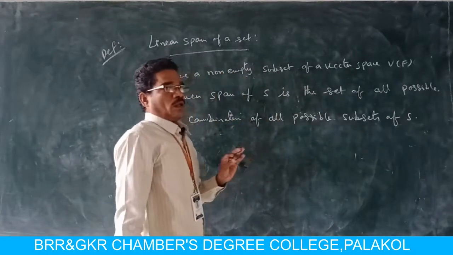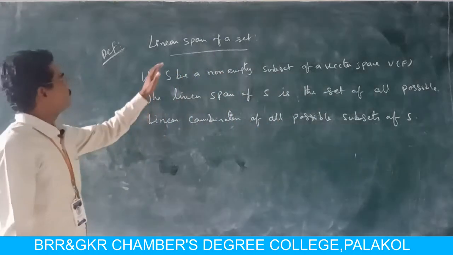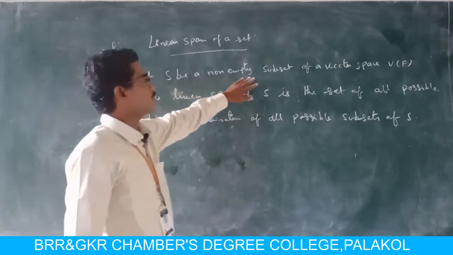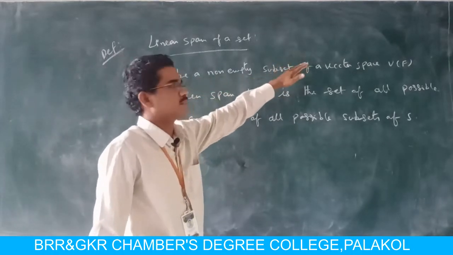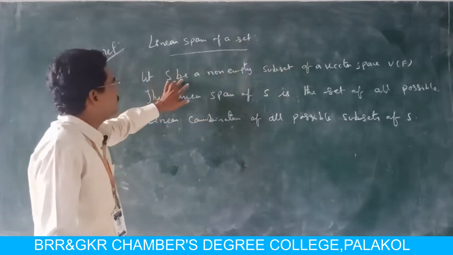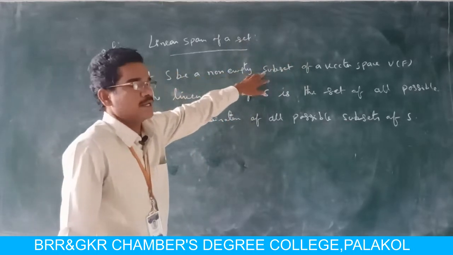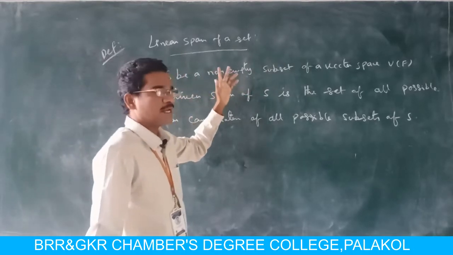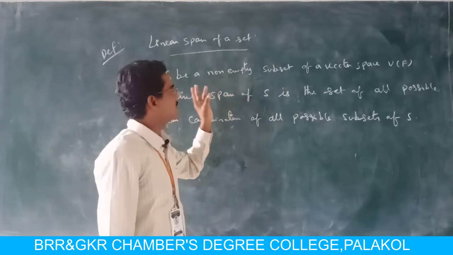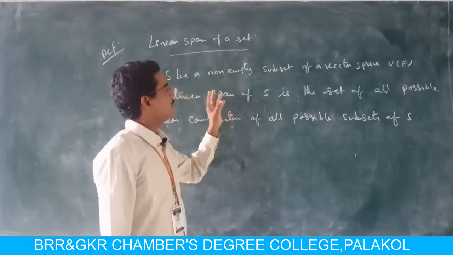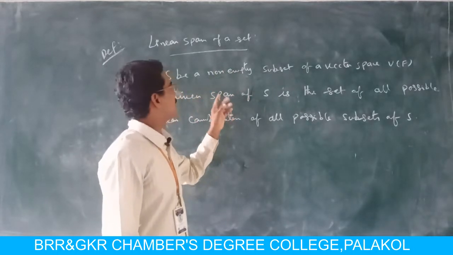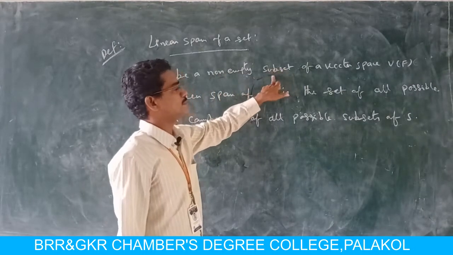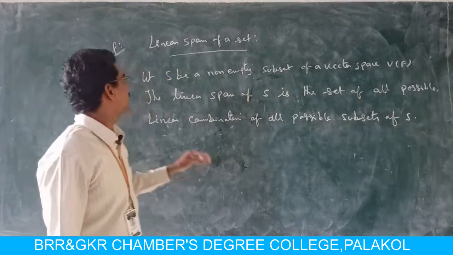Next, let S be a non-empty subset of a vector space V(F). Already in the last sessions, we discussed the definition of a set, then empty set and non-empty set, and set and subset are already explained.